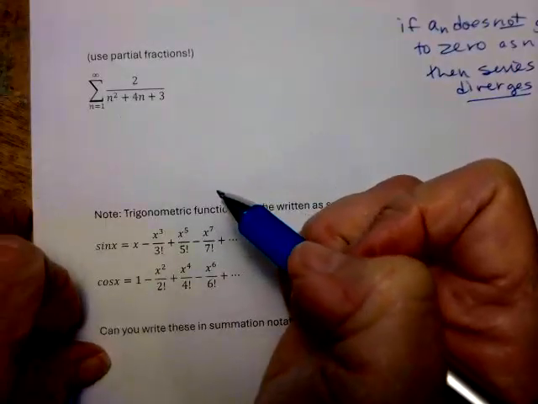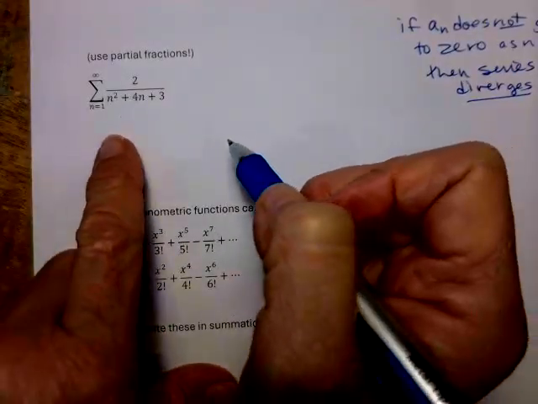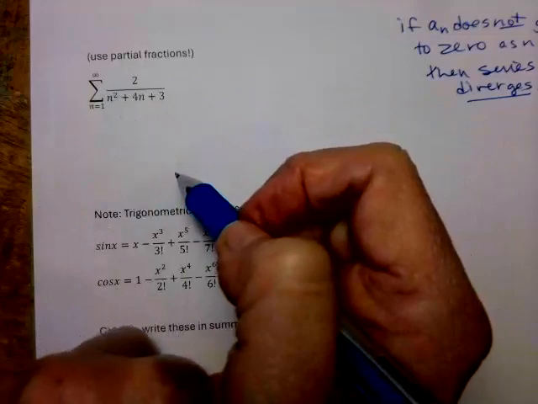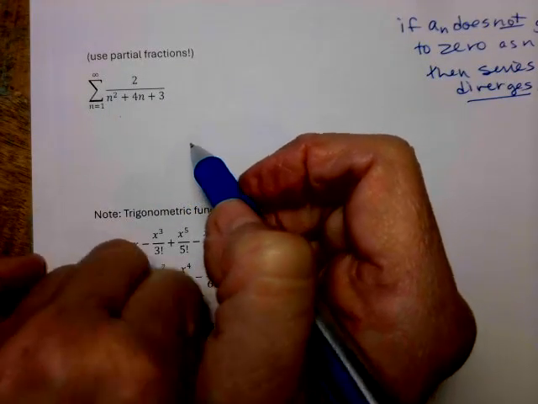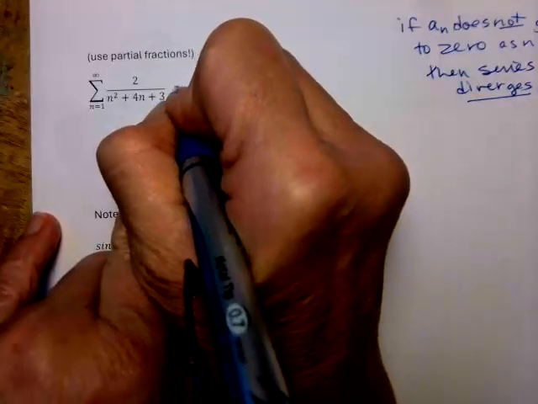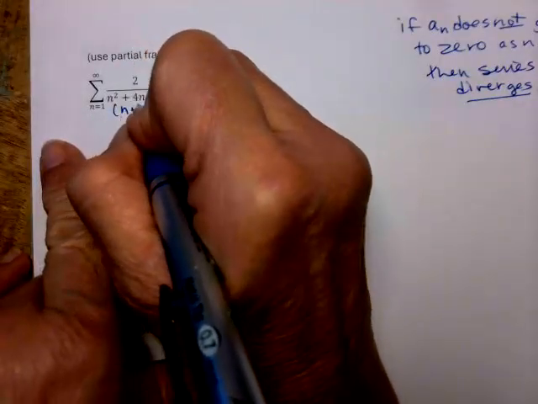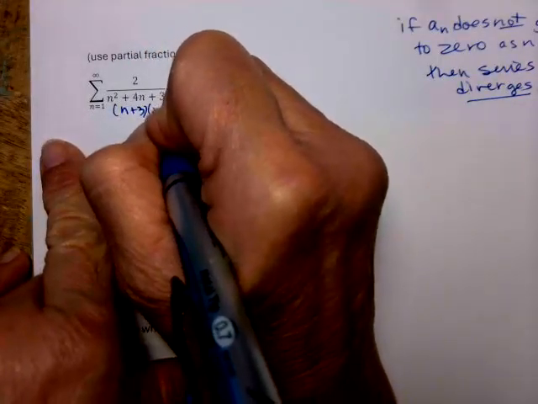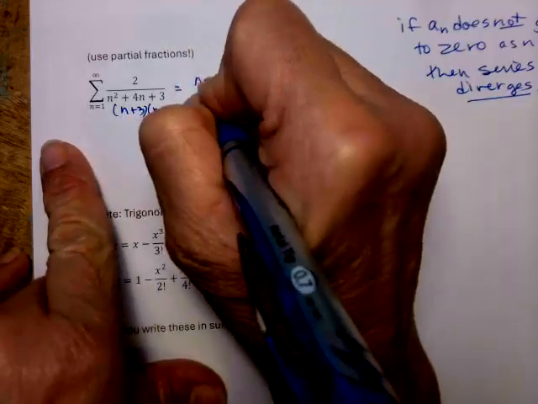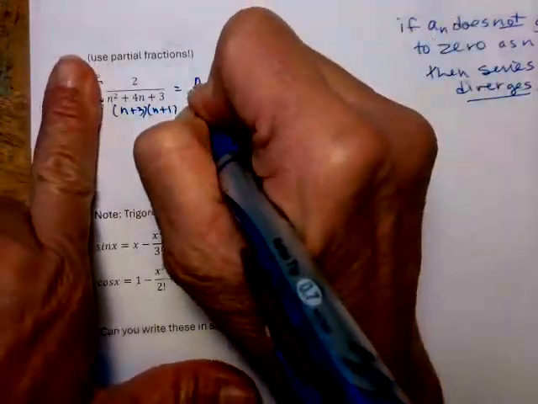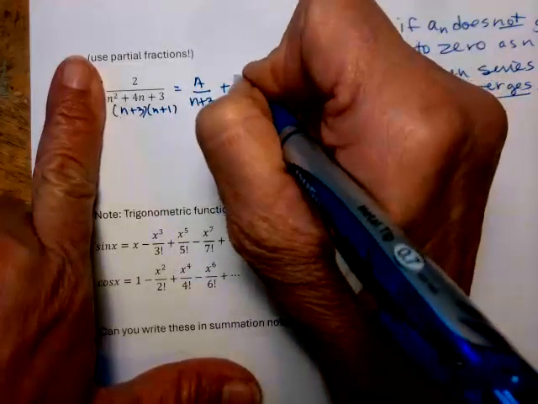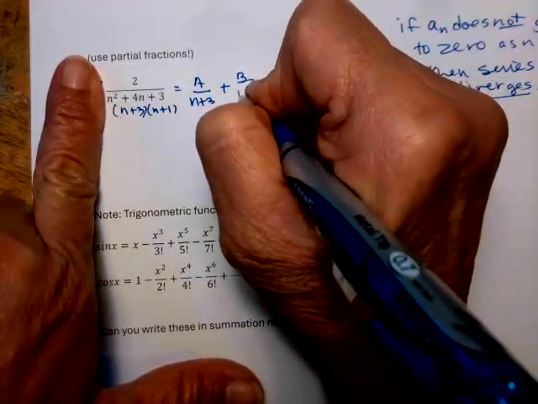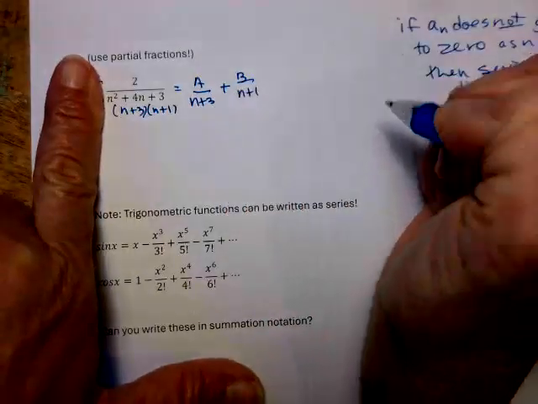Partial fractions. We needed a reason to use our partial fractions again. We're going to use those and hopefully find us a telescoping series here. Partial fractions, so we factor the denominator, n plus 3 times n plus 1. I'm ignoring my summation, I'm just doing the partial fraction decomp here. A over n plus 3 plus b over n plus 1.